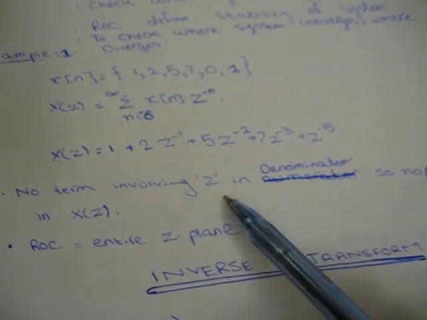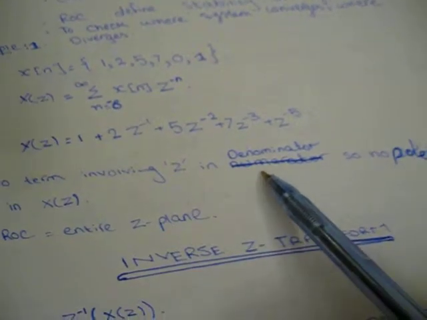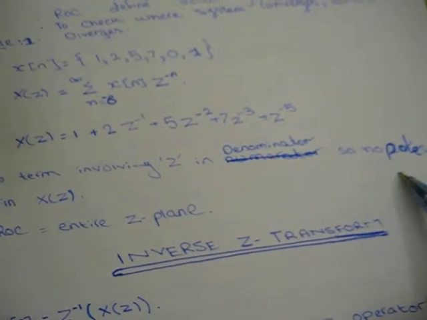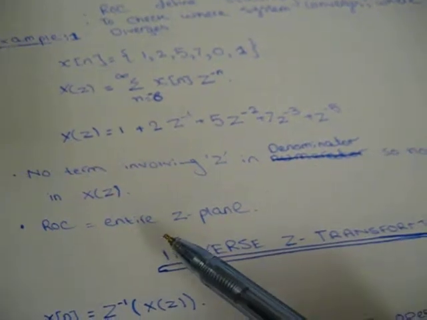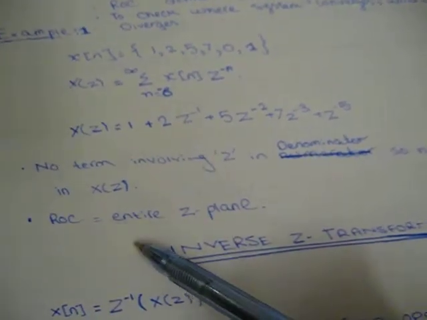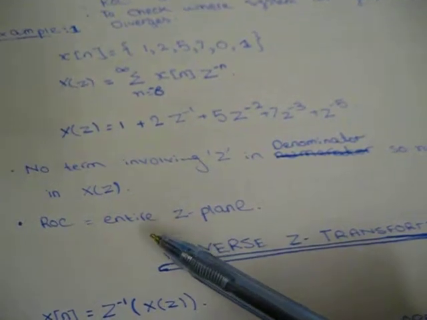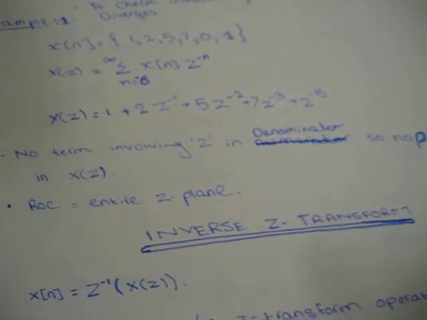Now there is no term involving z in the denominator, so no poles, because poles are always calculated from the denominator and zeros are calculated from the numerator. So the ROC will be the entire Z plane.